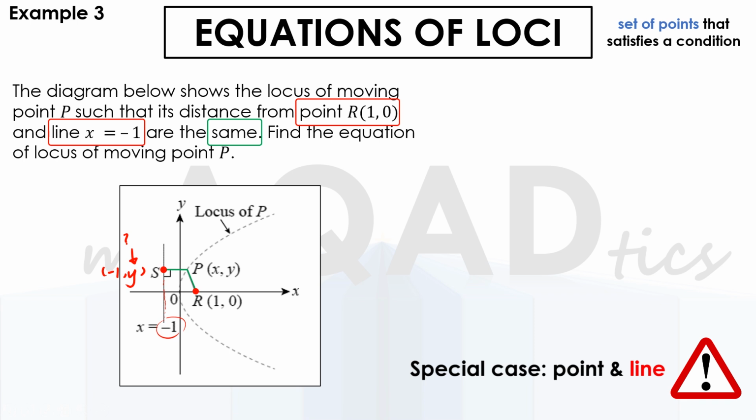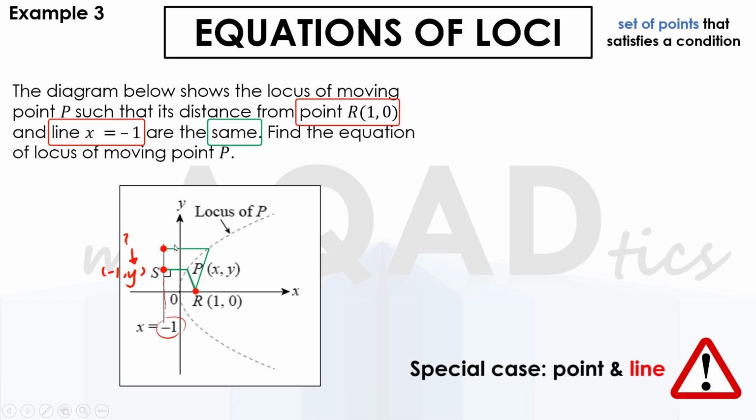Let's look at another example to understand this. Let's move the point P to somewhere on top. Same distances from these 2 points, R and S. You can see that this point S actually moves from here to here.